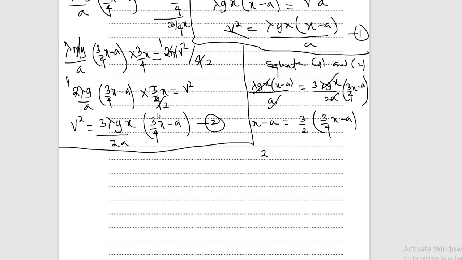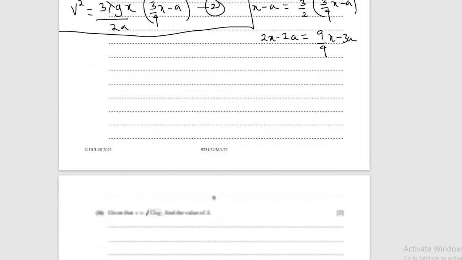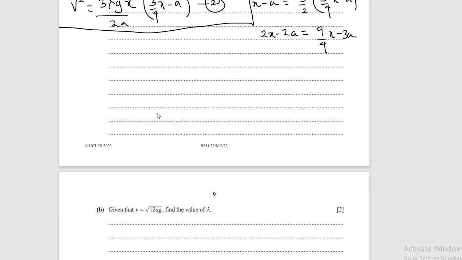Simplify. Here should give us 2x minus 2a equal to 9 over 4x minus 3a. So collect the like terms. That should be 2x minus 9 over 4x equal to minus 3a plus 2a.